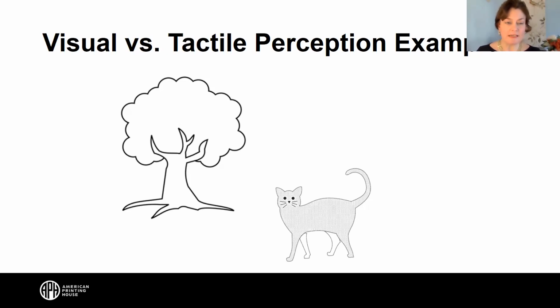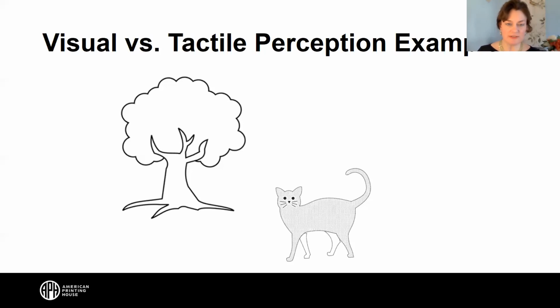So a simple raised line image such as these, which I think I pulled both of these from our tactile graphic image library and merged them together, they really lack any texture variation or similarity with the real object. So you really don't feel that canopy, but rather a single cloud shape for a tree.